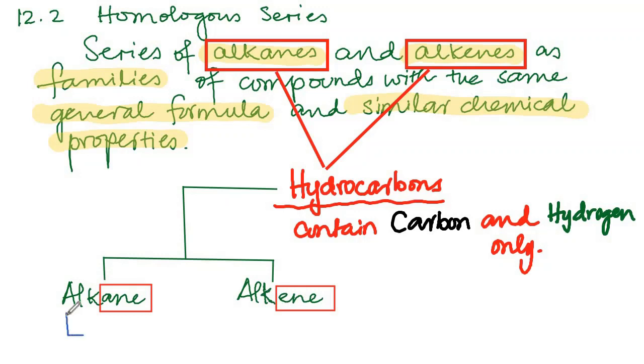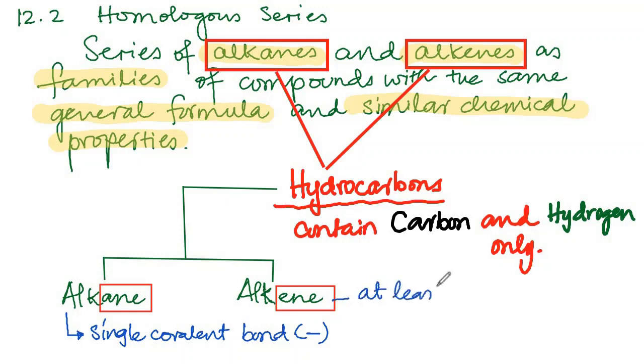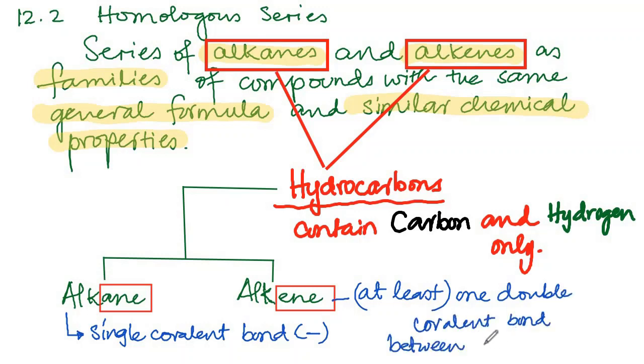Alkanes are the compounds which contain single covalent bonds, shown by just one straight line, while alkenes are the compounds which contain at least one double covalent bond between carbon atoms.